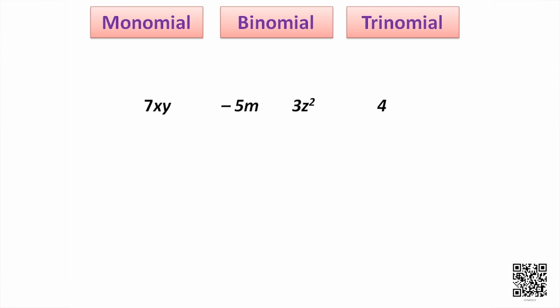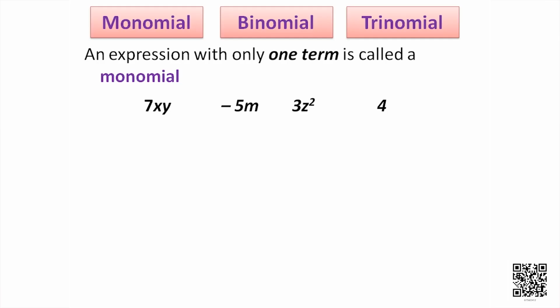In each expression we find only one term. So, when we have only one term, that expression is known as a monomial, or we can say an expression with only one term is called a monomial. On the basis of this, I think you would have guessed what should come next.